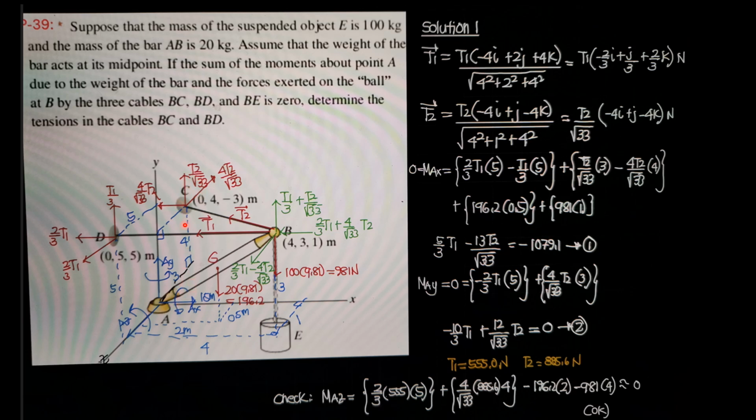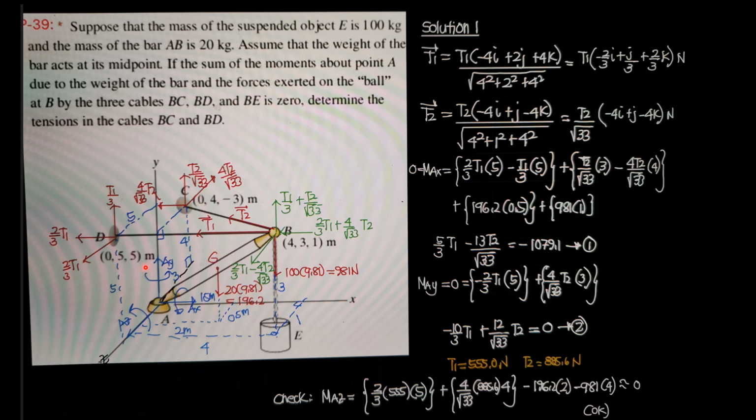You look at the sense. So at the back, this is the rotation, so that's positive T2 over square root of 33. The moment arm is 3. Then the moment of 4 T2 over square root of 33, that direction is negative because its moment about the x-axis is opposite to this.